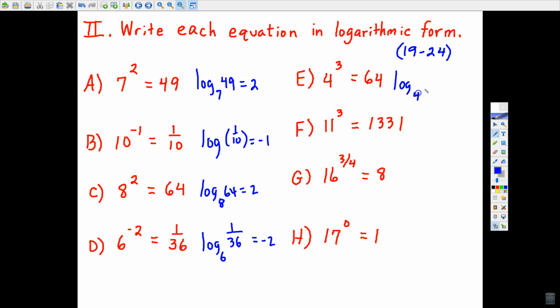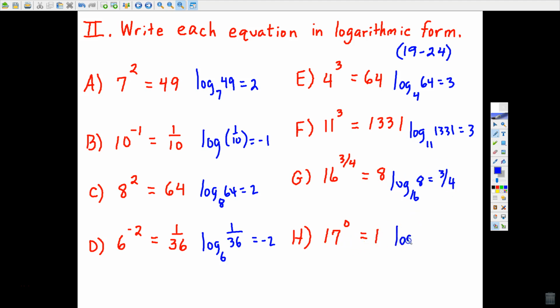Log base 4 of 64 equals 3. Here we have a base of 11. Log base 11 of 1331 equals 3. Here the base is 16. The exponent is 3/4. Log base 16 of 8 is equal to the exponent 3/4.